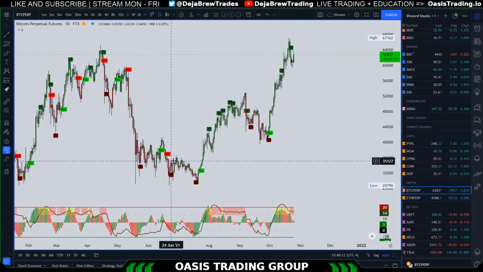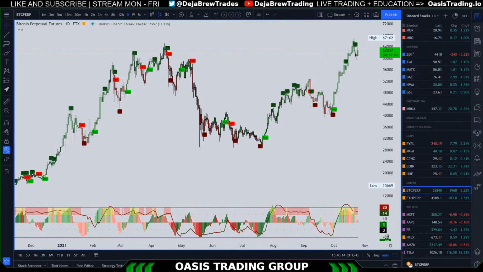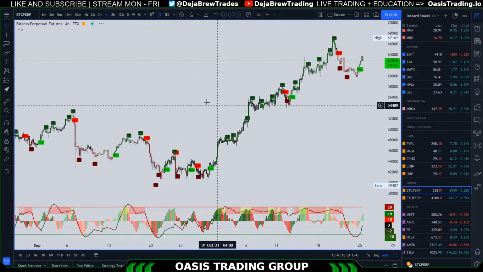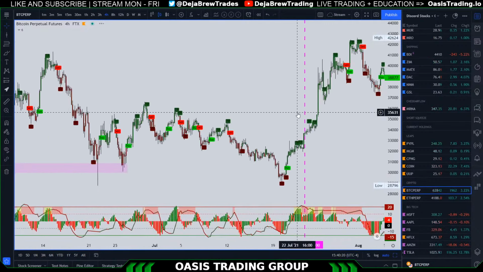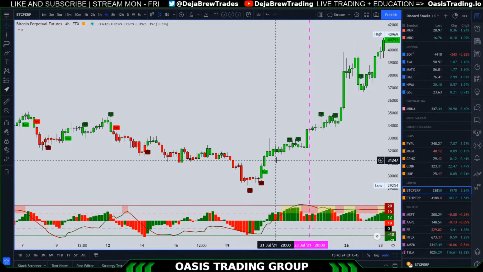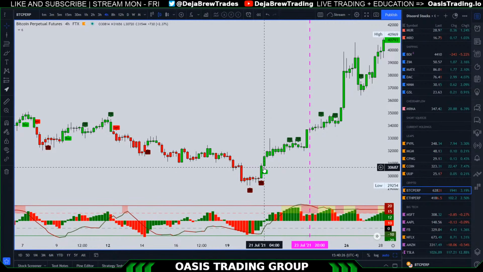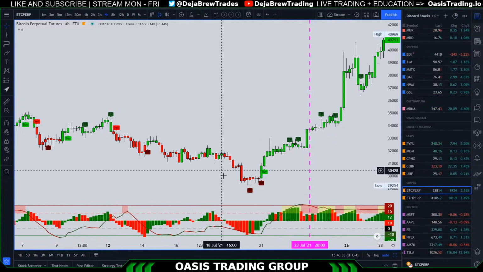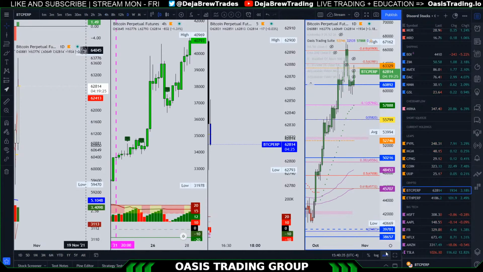Let me actually mark that out, make it easier. And let's go down to the 4 hour. You see how the 4 hour gave you a buy signal way earlier? It gave you the buy signal around July 21st. That would be a really good buy signal because we know that we're finding support on a daily pivot.